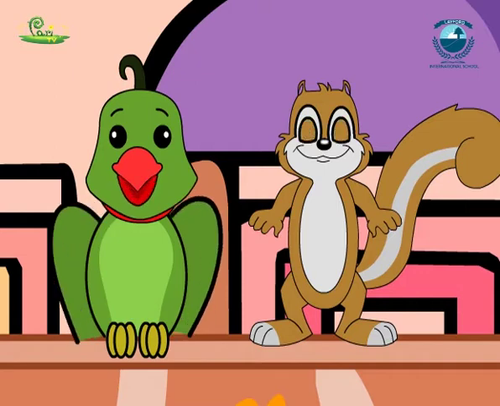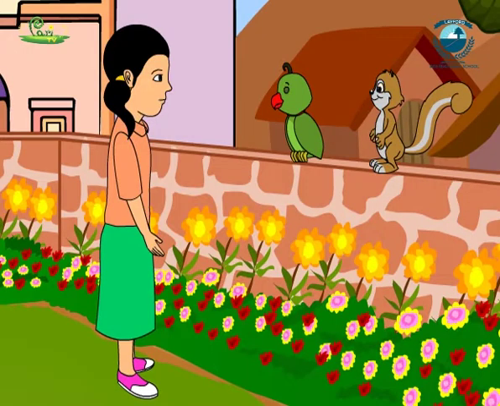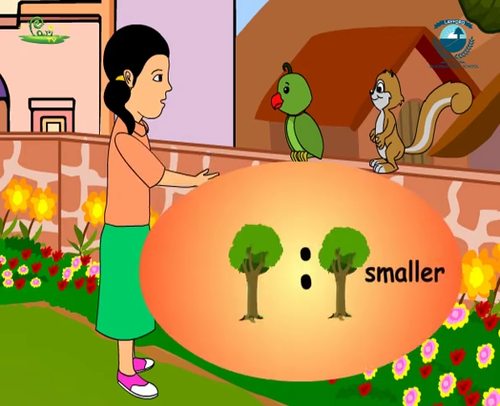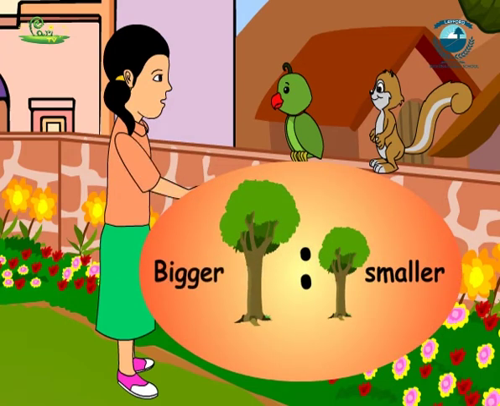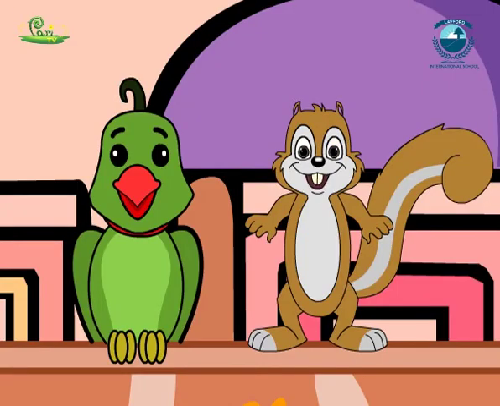By ratio? Yes, by ratio. Ratio is the comparison between two different things. It shows how much one thing is bigger than another. Like, I am bigger than you. Please tell us seriously.